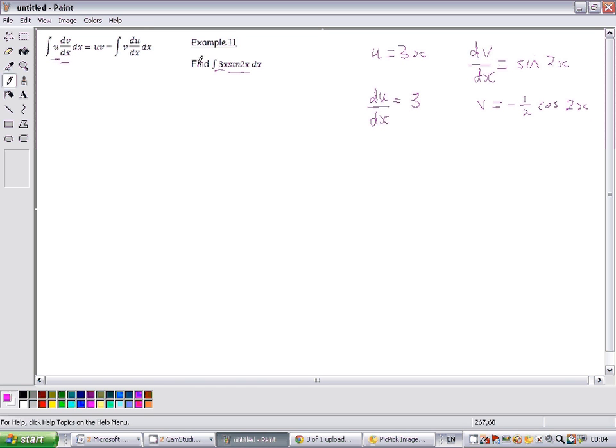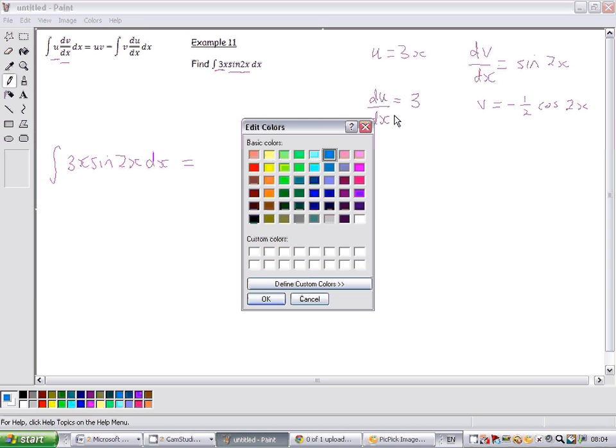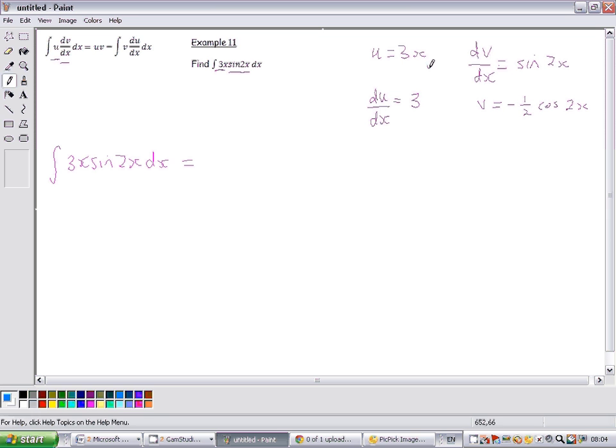So the integral of 3x sine 2x dx is equal to, so we've got u dv by dx with respect to x is equal to uv. The way I remember it is that we do the leading diagonal, if you like, of this little square.